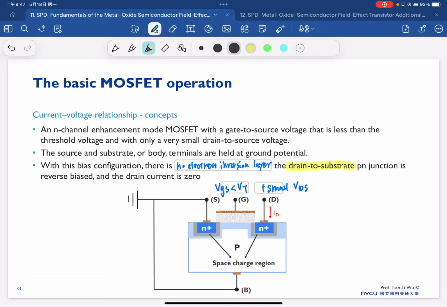So the drain to substrate PN junction is under reverse bias.